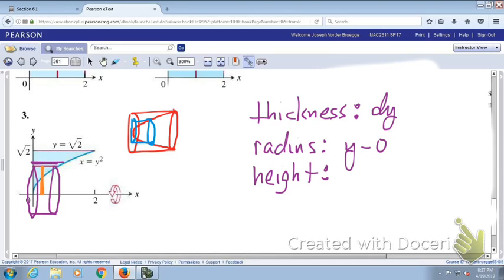But what is that? Y squared minus 0. Right? It's always big minus little. So for that vertical orange line, the top value is y, the bottom value is 0. And for that horizontal line, big minus little means right minus left. That's y squared minus 0.